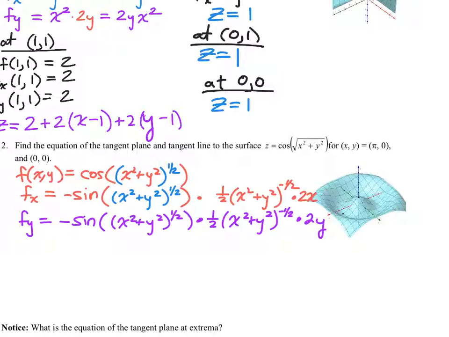So at pi, 0 is my first point of interest. So f of pi comma 0, so I'm plugging in a pi for x and a 0 for y.